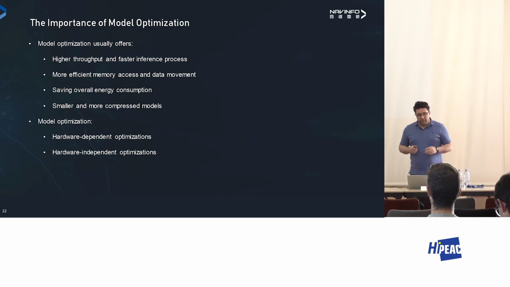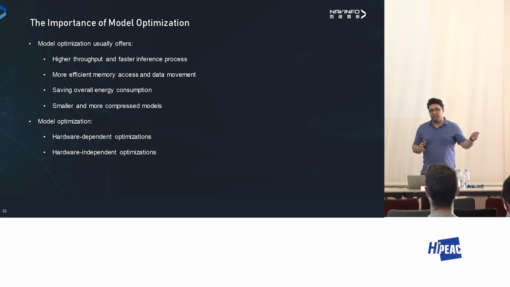We also mean more efficient memory access and data movement, because in deep learning, one of our main sources of energy consumption, and in many cases the performance bottleneck, is data movement, moving lots of data from the main memory to the GPU or the computing elements.